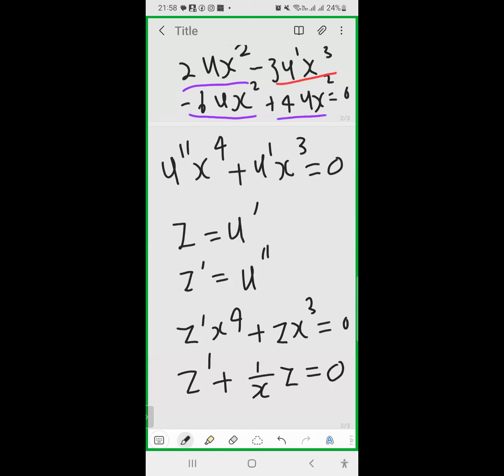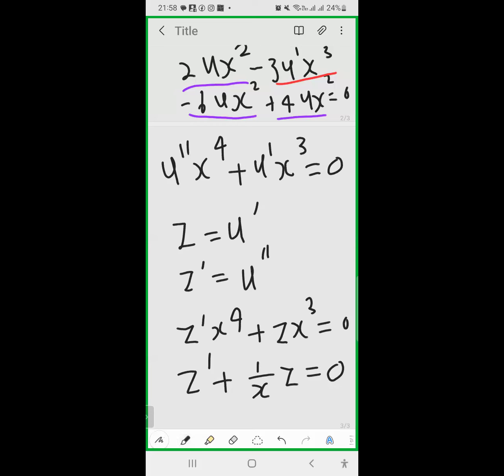So since this is a homogeneous first order differential equation, we can simply use the method of separation of variables in order for us to find the general solution to this linear first order ODE. So let's continue and determine that.